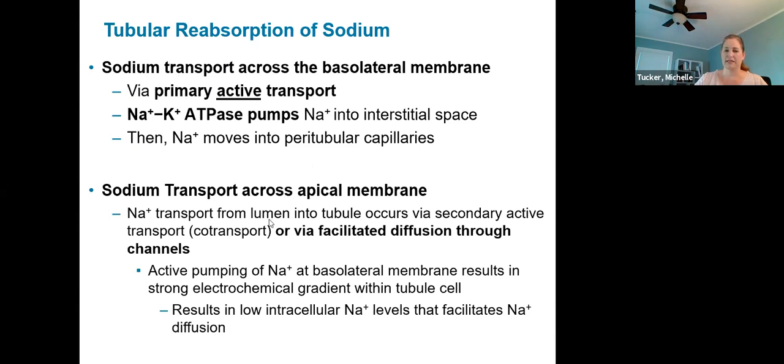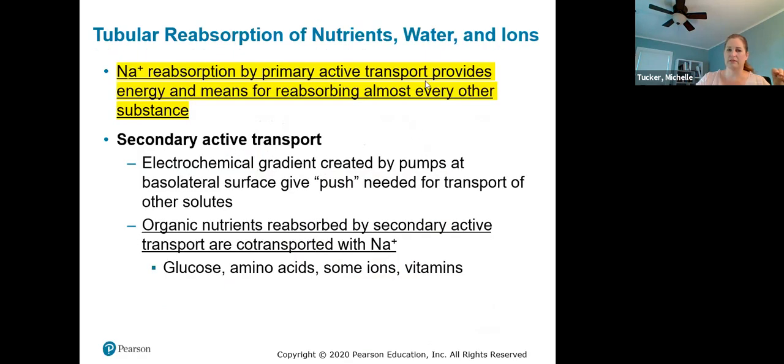Then, because we now have a lower sodium concentration inside the cells, sodium will flow from the filtrate across the apical membrane, the one between the lumen and the kidney tubule, via facilitated diffusion. That will co-transport other substances with it, such as glucose and amino acids.